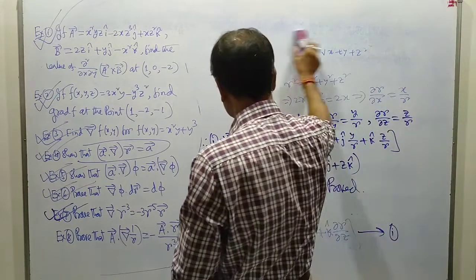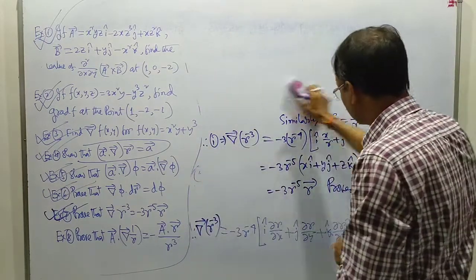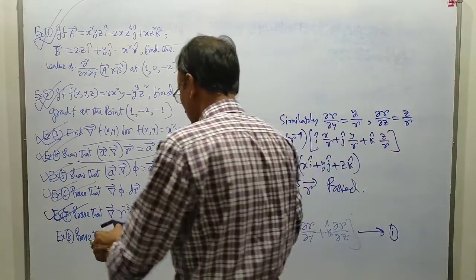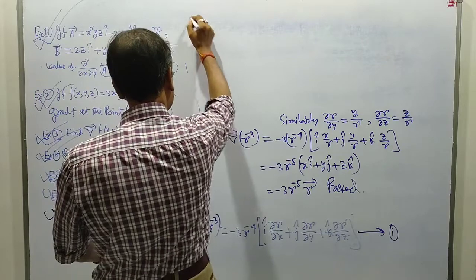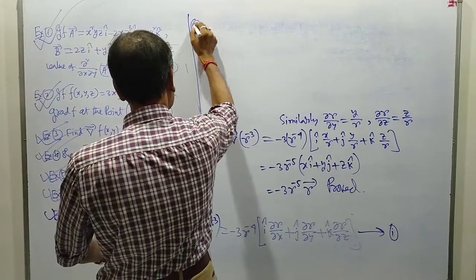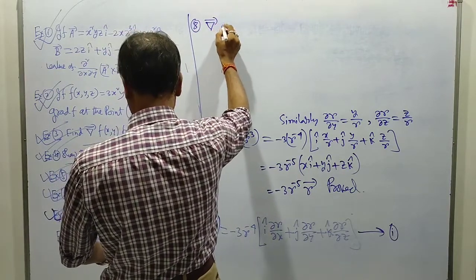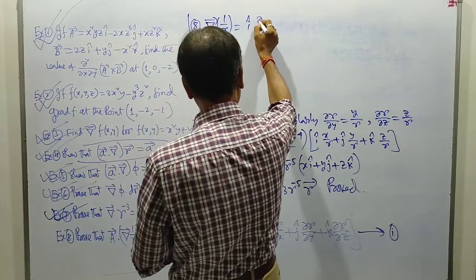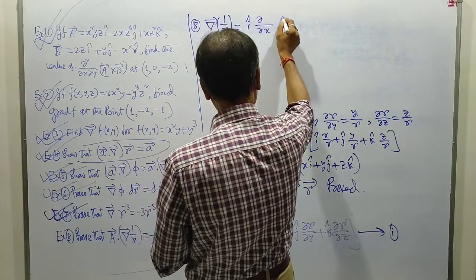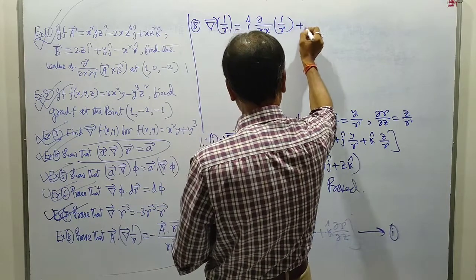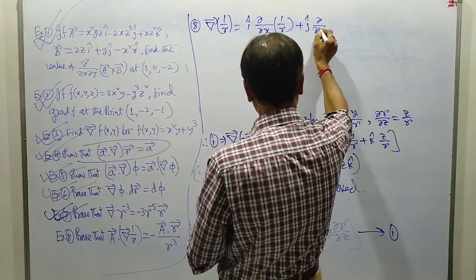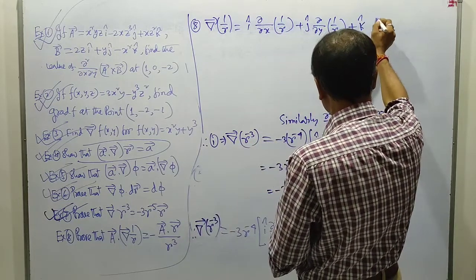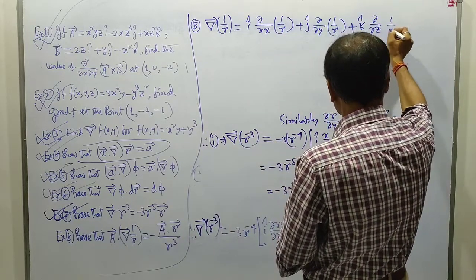Now come to the last one. Gradient of 1 by r. This is equal to i cap del by del x of 1 by r plus j cap del by del y of 1 by r plus k cap del by del z of 1 by r.